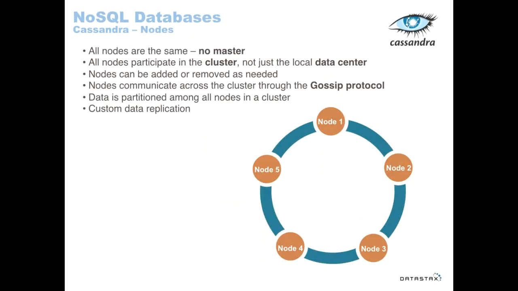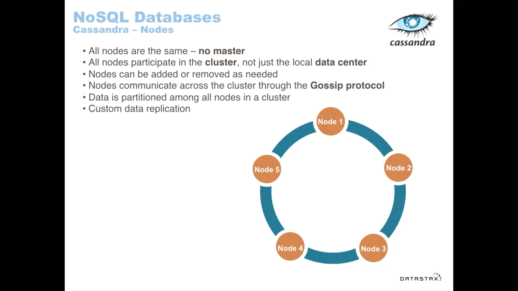All of the nodes are the same. It is masterless, no master. All nodes participate in the cluster, not just the local data center. Nodes can be added or removed as needed, and this can be done on the fly.